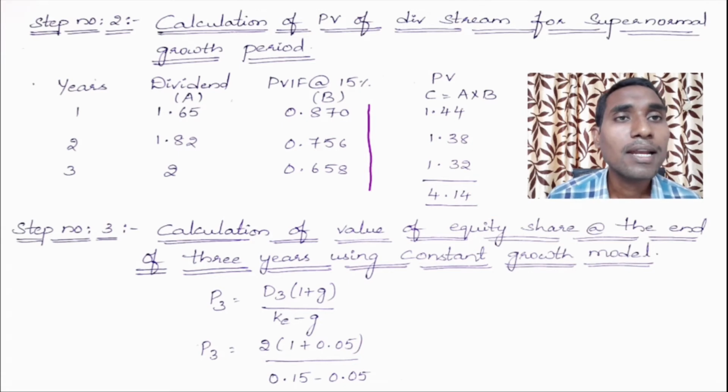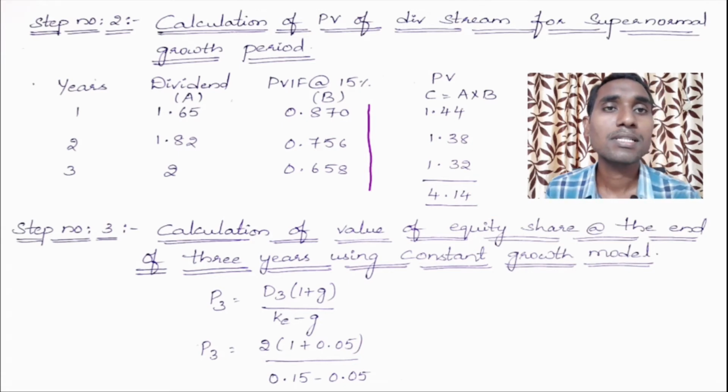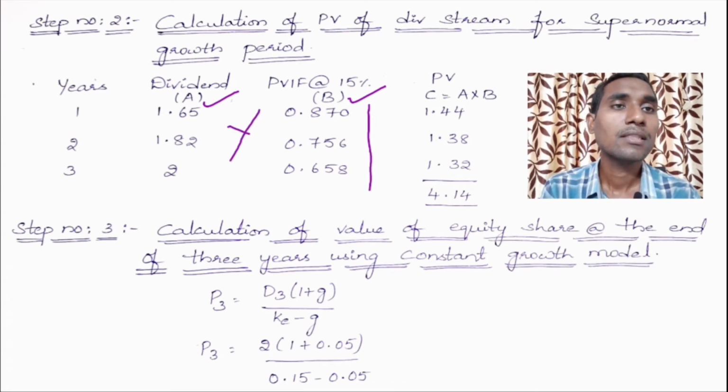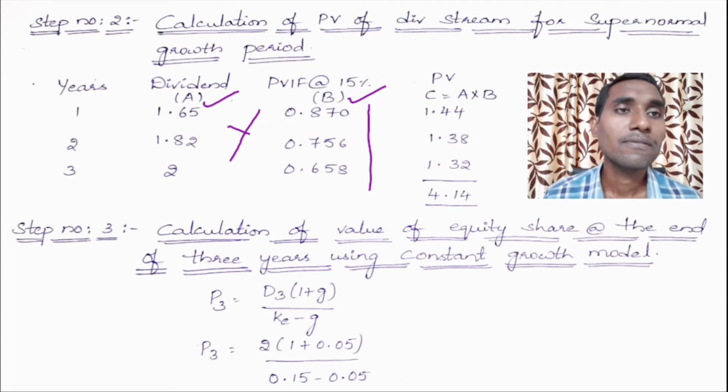Then I assume the dividends to be A, the PVIF values to be B, then C is equal to A into B. If you multiply A into B, you will get the present value of the dividend stream.